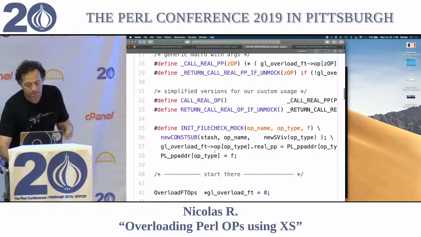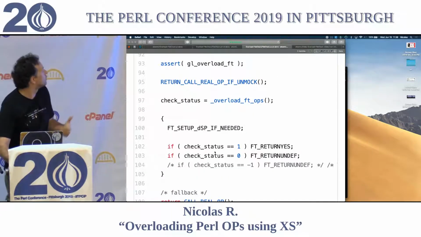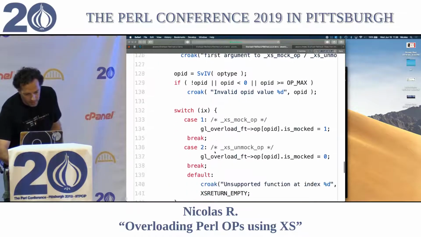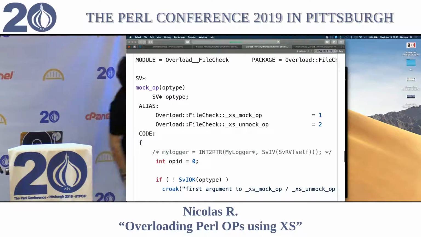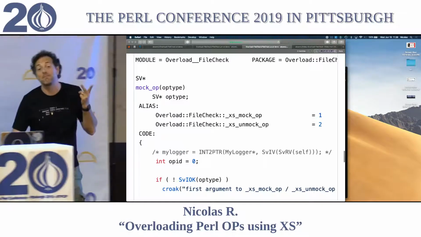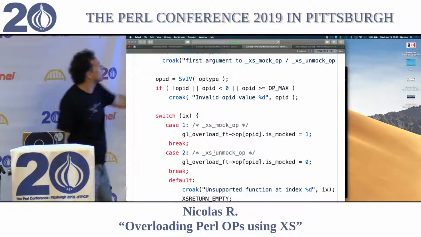So now, when we're going to use that program, we're going to say, hey, mock -e or do not mock -e. When we're going to mock -e, we're mainly going to use what we saw earlier, the XS mock-up or XS unmock-up. That will just flip a bit in that structure. And the bit flipping is just there.